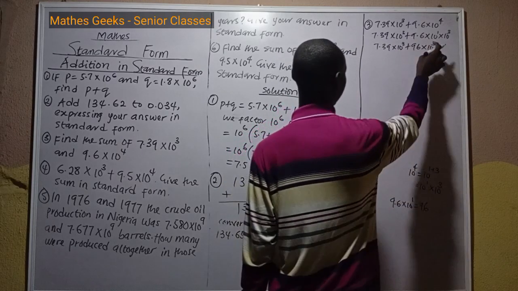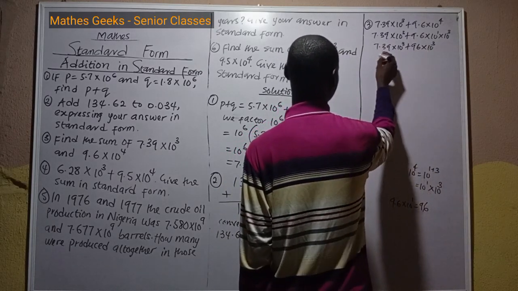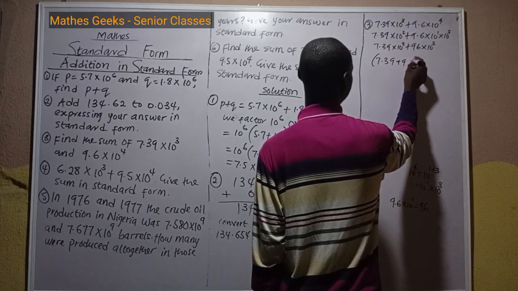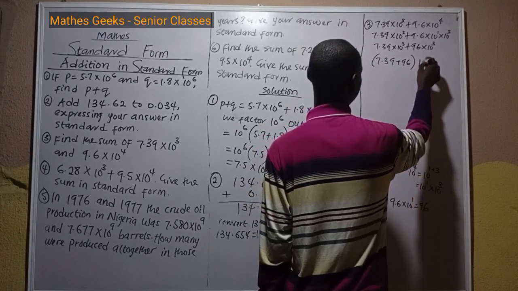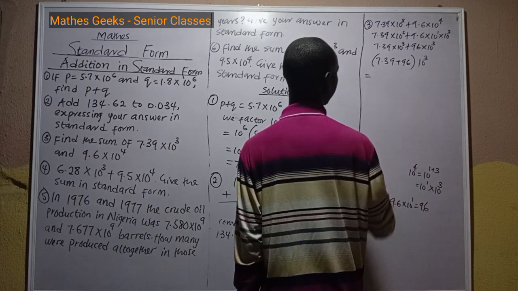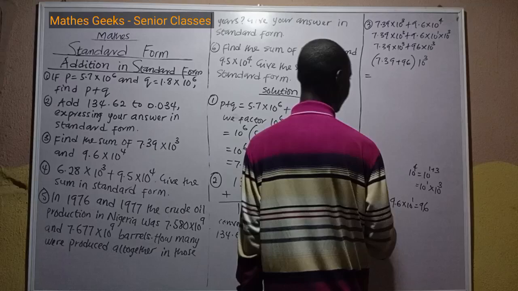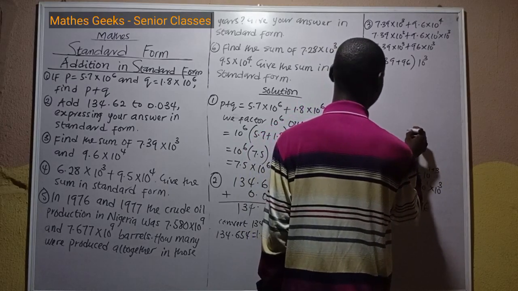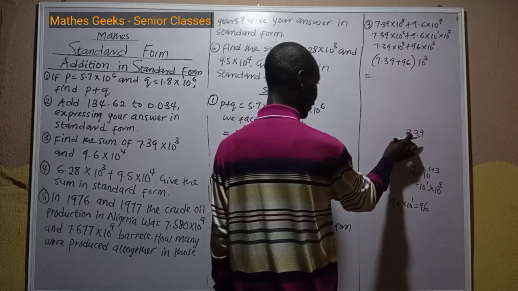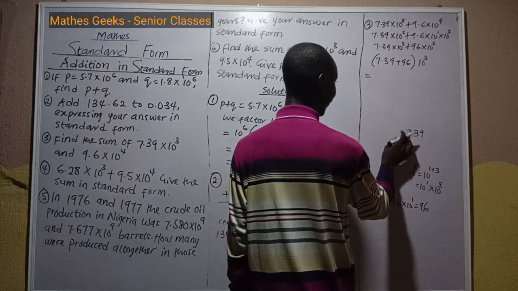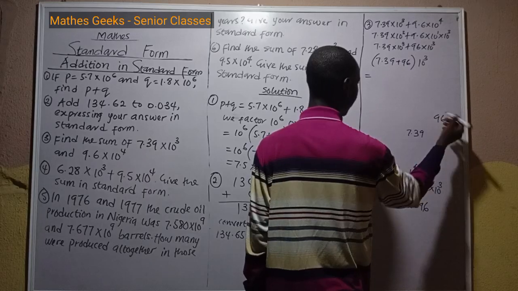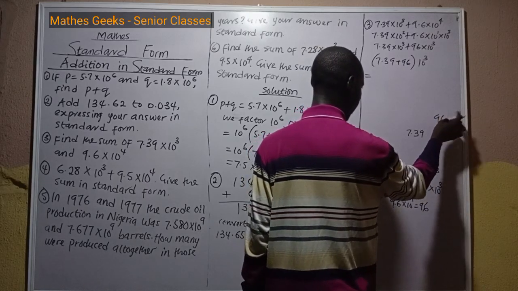Now we can factor the power out. So this is just 7.39 plus 96, times 10 raised to the power 2. So same issue. Now in this case, 7 is units and we have tenths, but this 96 does not have a decimal part, just 96.